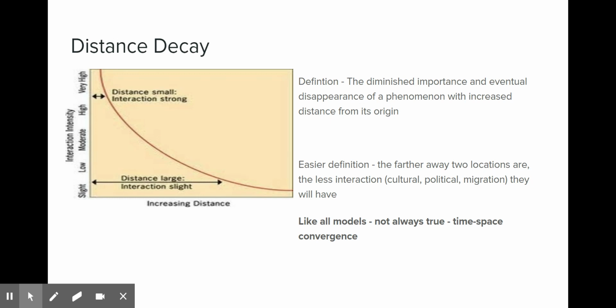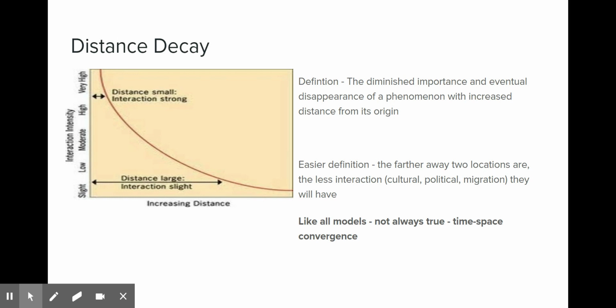We're going to talk about distance decay in a couple different contexts, but mainly in the context of culture. How much cultural interaction do two places have in terms of the spread of language, the spread of religion, the spread of other elements of culture? And the second big one is migration. How much actual migration between two places exists? This model says that if two places are farther away, then they are assumed to have less interaction.